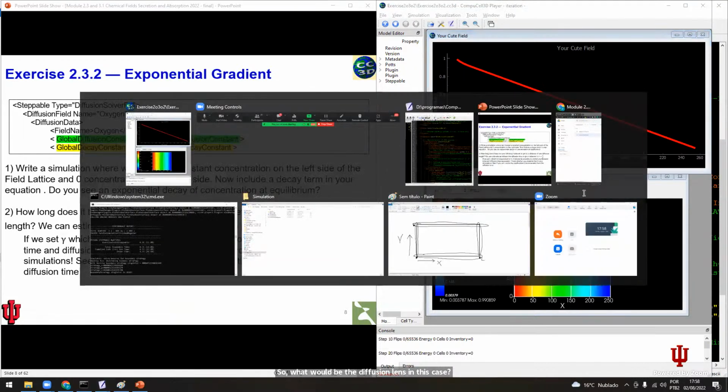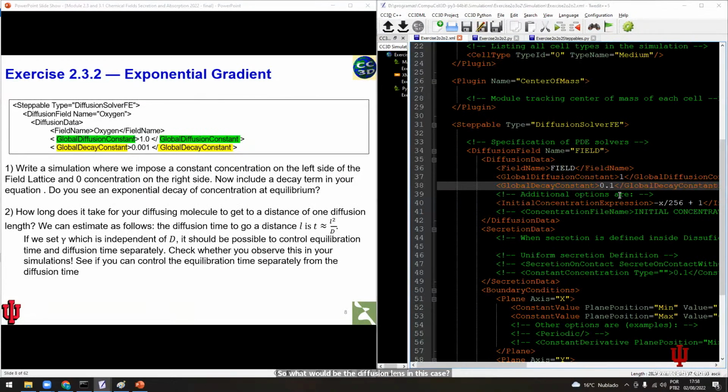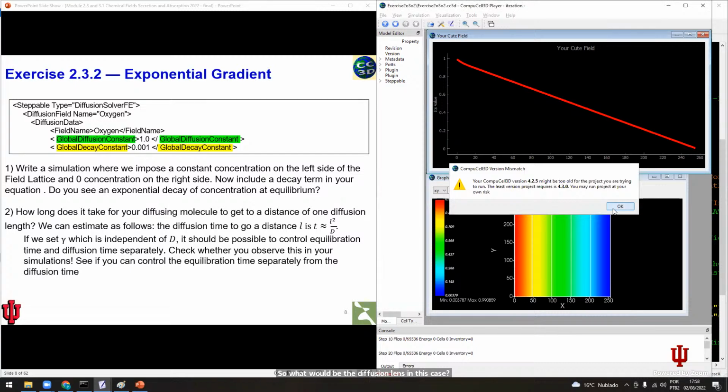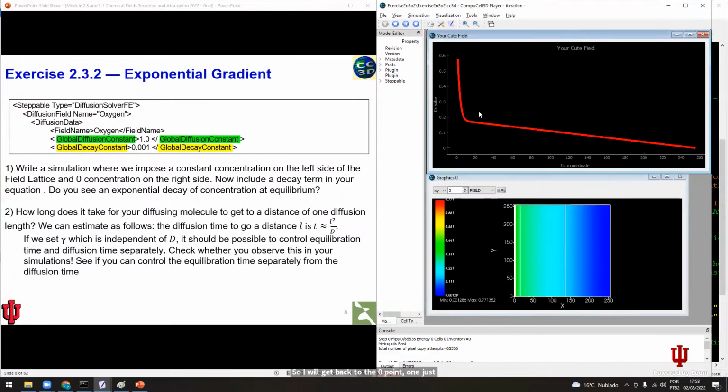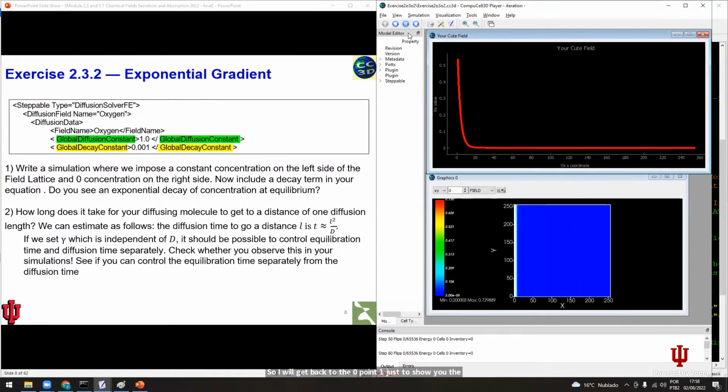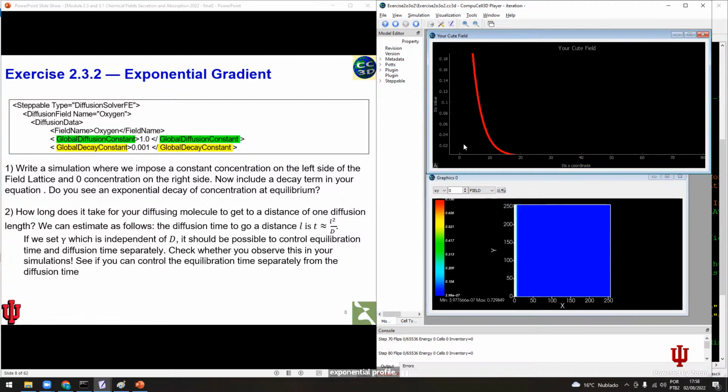So I will get back to the 0.1 just to show you the exponential profile. So the diffusion length here, look here at the exponential time. Let's see the half-life in terms of field. So the field seems to drop.